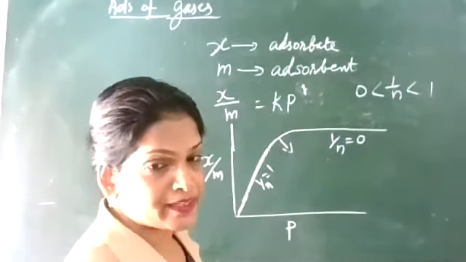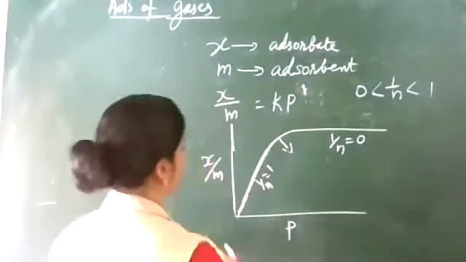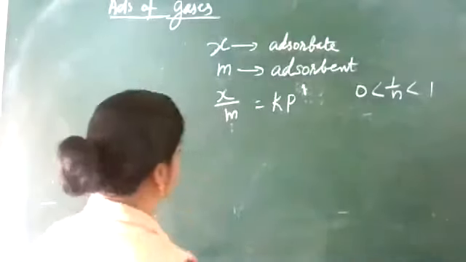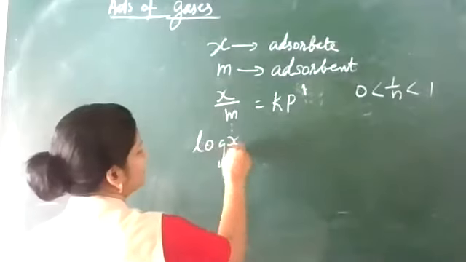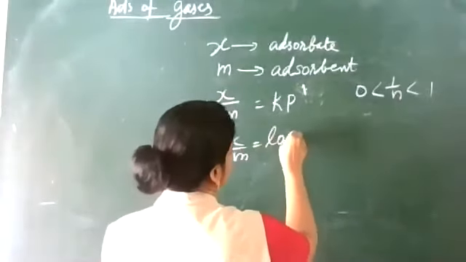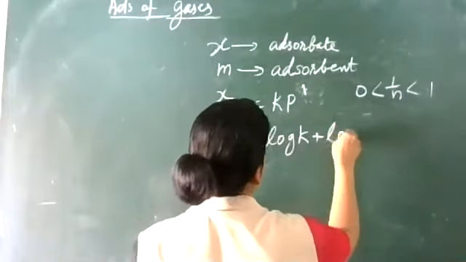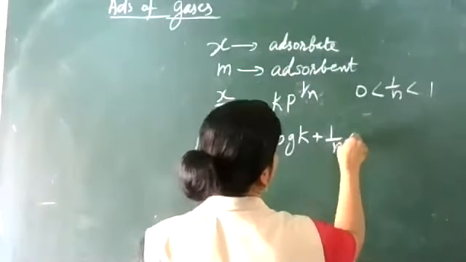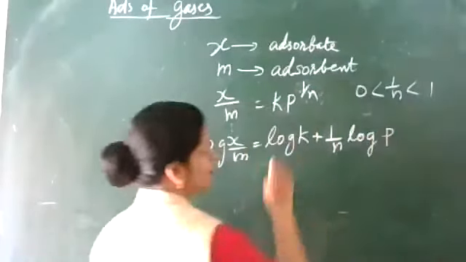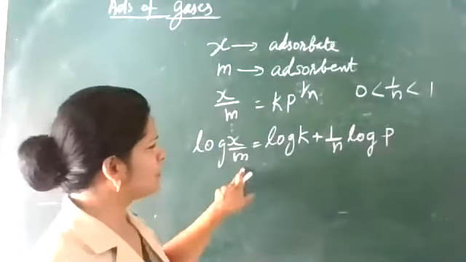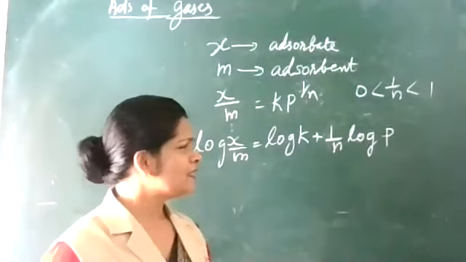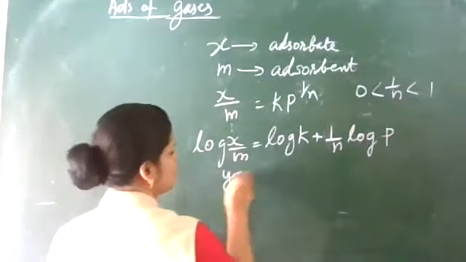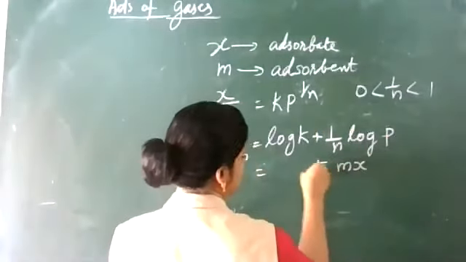How can you verify the Freundlich adsorption isotherm? For that, I will take the log of this. That means log x by m is equal to log k plus 1 by n log P. This is the general format of y equals mx plus c.